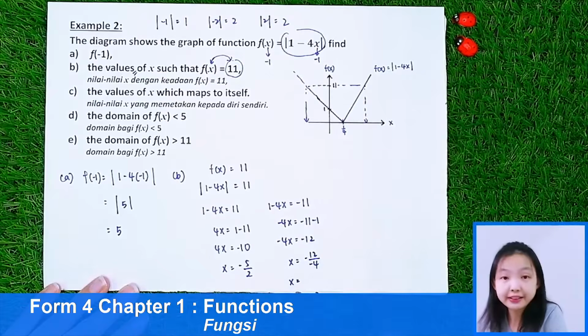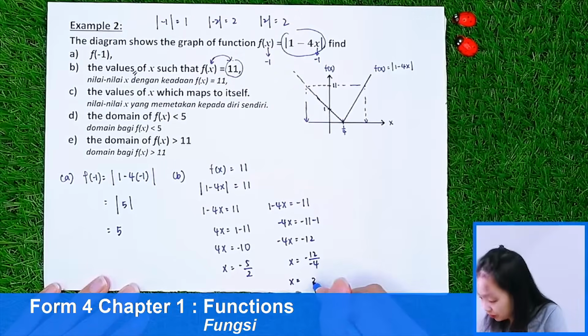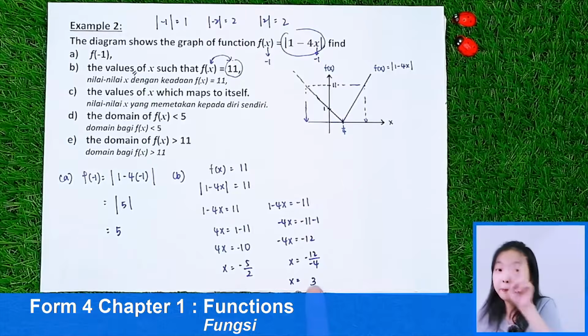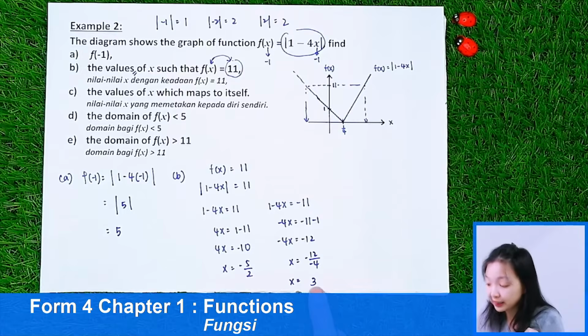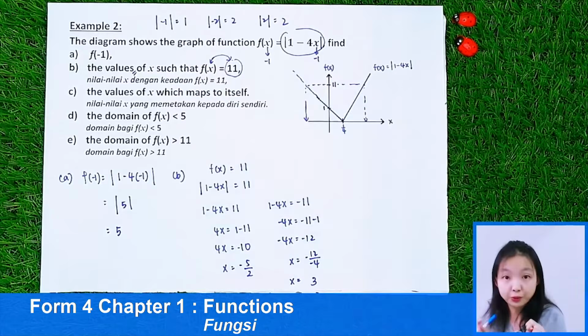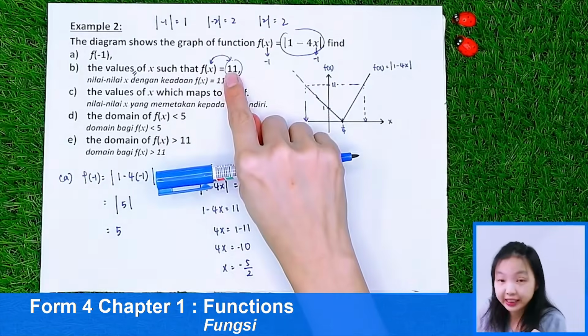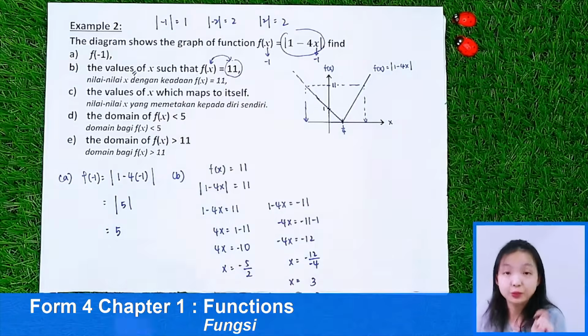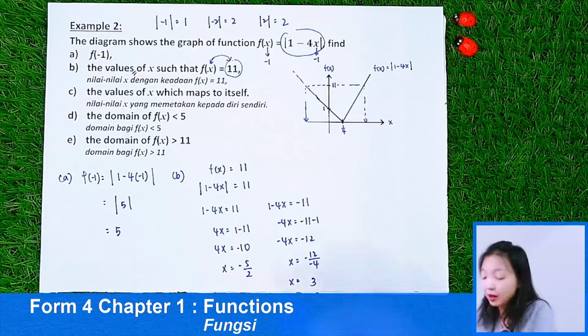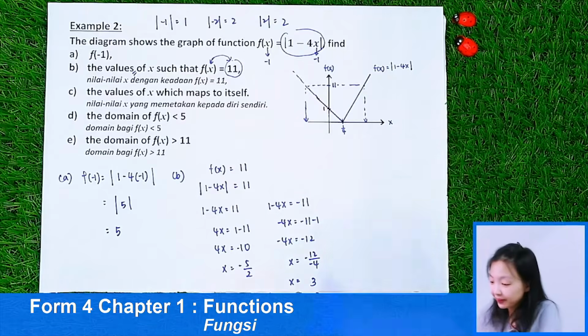The final answer for x is equal to 3. So there are 2 possible answers for x, okay? When x is equal to 3, my f(x) will be positive 11. When my x is equal to negative 5 over 2, my f(x) will also become 11. Let us do some proving, okay? Let me see.